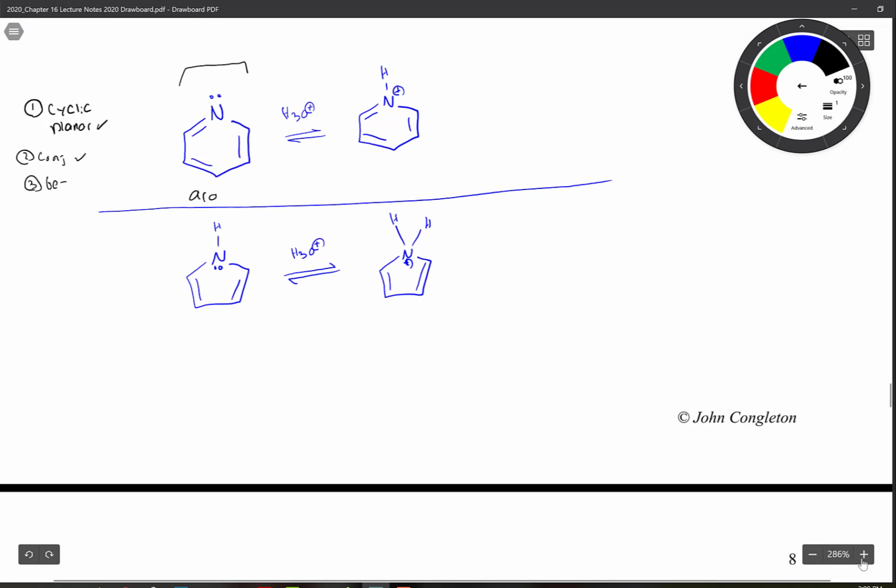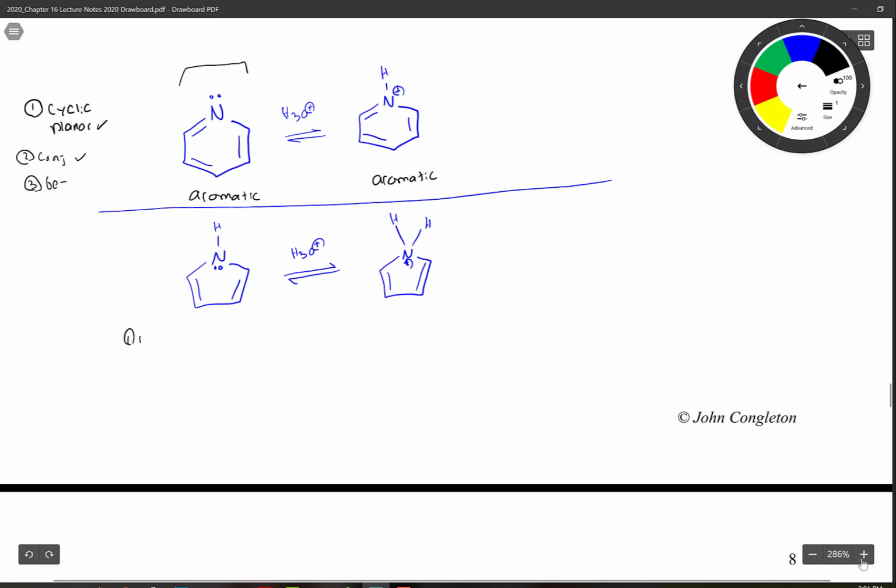So this is aromatic. Well, nothing's changed except this positive charge over here. So we still are cyclic, we still have a conjugated pi system, and we have 6 electrons still, so we're still aromatic. What about this guy down below?